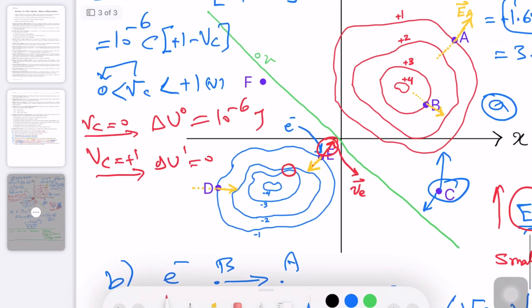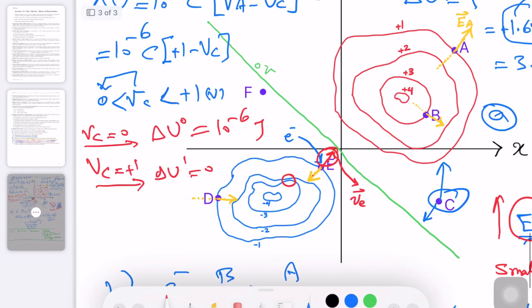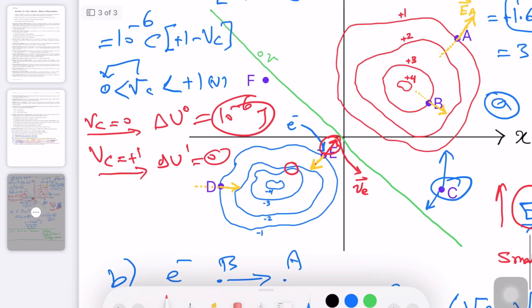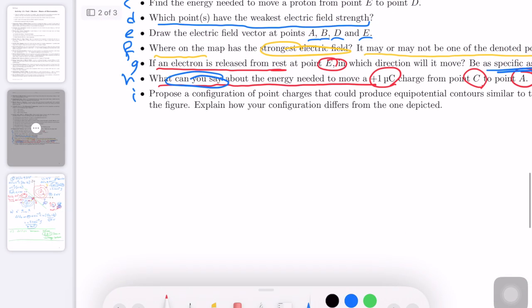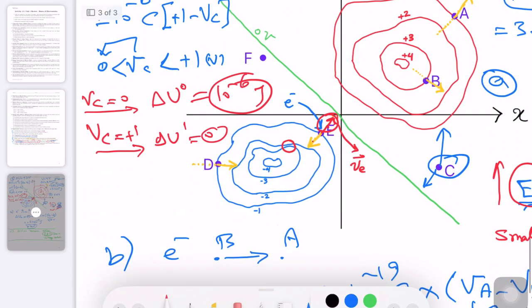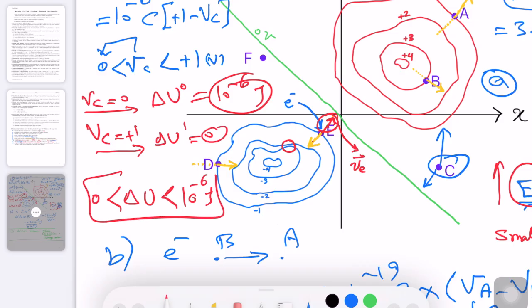What this means is that the work done is a number between 0 and 10 to minus 6. So what you can say is that the work done, or the energy needed to move this charge, delta U, is a positive number greater than 0, not equal to 0, and not quite equal to 10 to minus 6 joules. This is the answer.